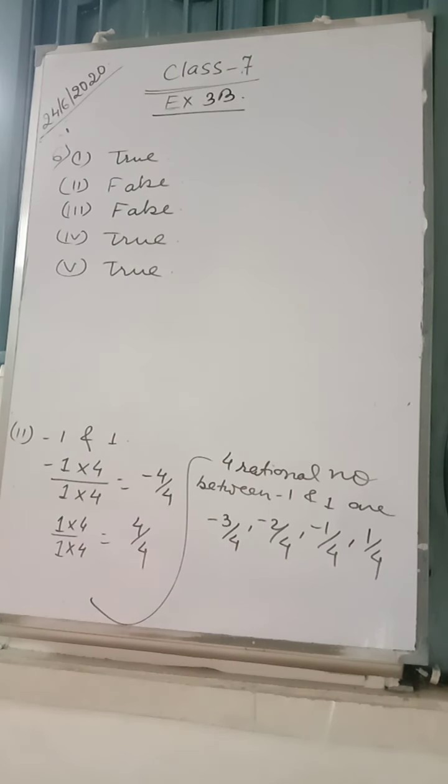Now next it says, what is dense property? Find 7 rational numbers between 1 by 2 and 1. Now what is the dense property?